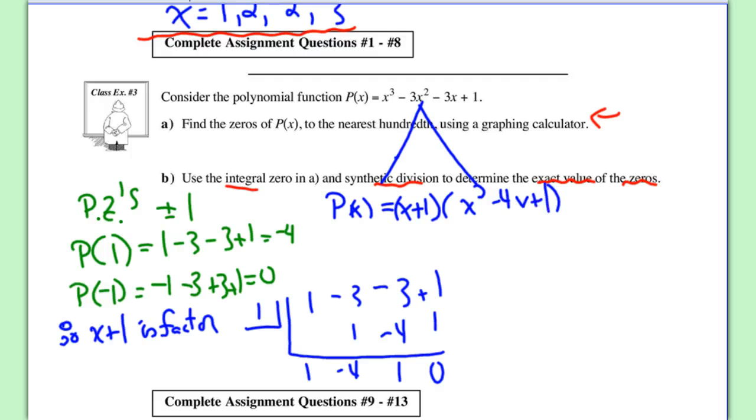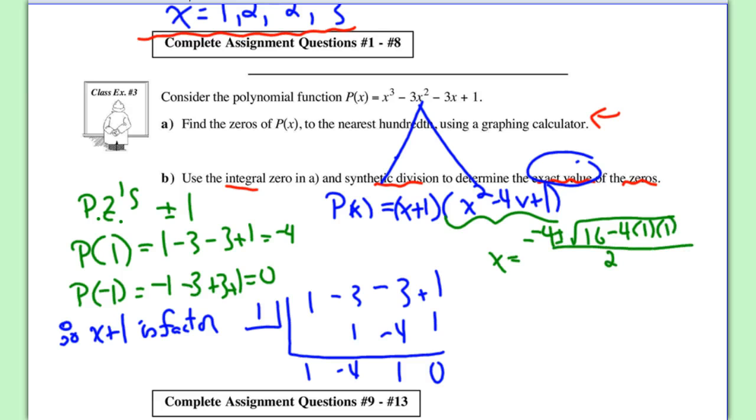But you'll notice pretty quickly that Math 10 doesn't help you with that. You can't factor that. And you certainly aren't going to use your graphing calculator. So if I want to know the exact value of my zeros, I'm going to have to use the quadratic formula. Taking this part right here, x equals minus b plus or minus the square root of b squared minus 4ac, all over 2a.